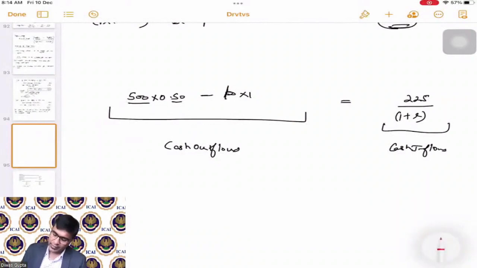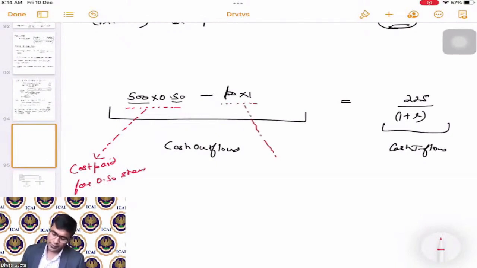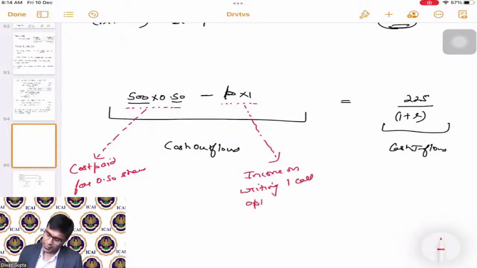To better clarify this, this is the cost paid for 0.50 shares. And this is the income on writing one call option.